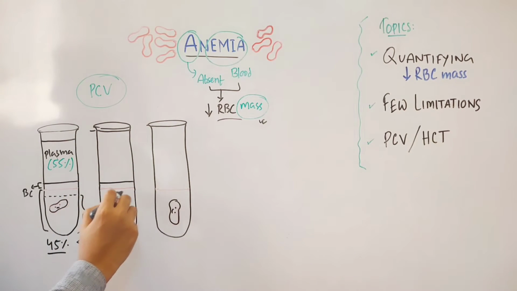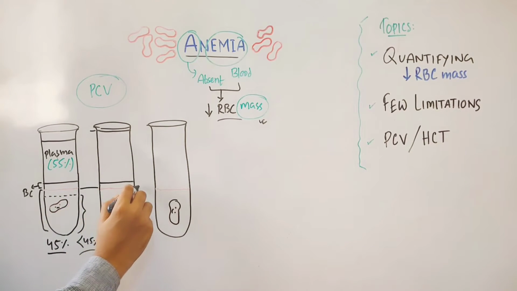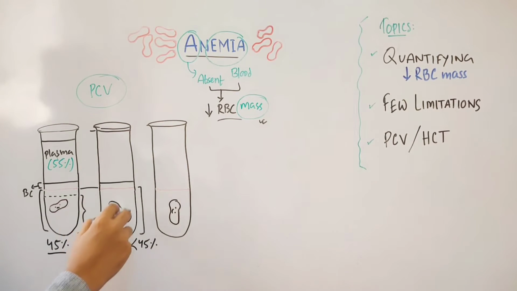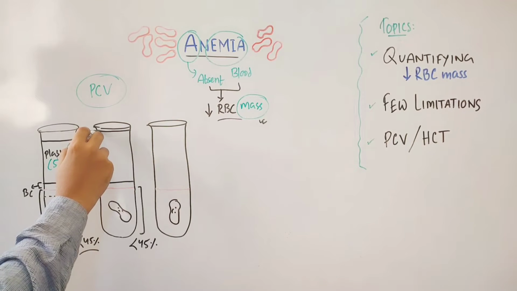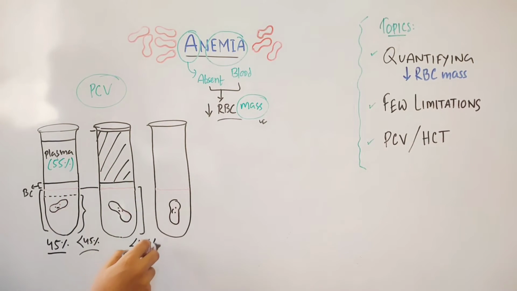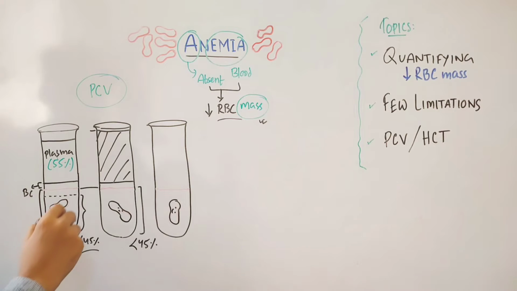So now, even if the patient has a normal number of RBCs, the percentage of RBCs is obviously less than 45%, because this much RBCs compared to this much plasma now will never be 45%, because remember, the plasma was this much in the normal case.